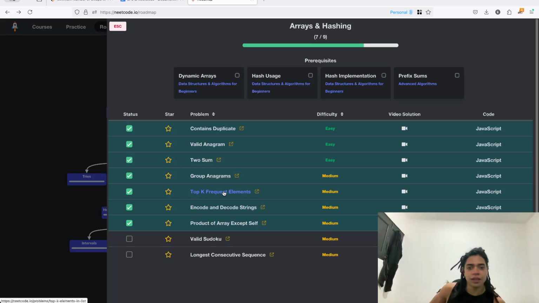Okay, the top k frequent elements and encode and decode string, followed by the product of an array except self, are because these two, at least the top k frequent elements and the encode and decode string, are about seeing how you can represent things, and this is the vast majority of problem solving.